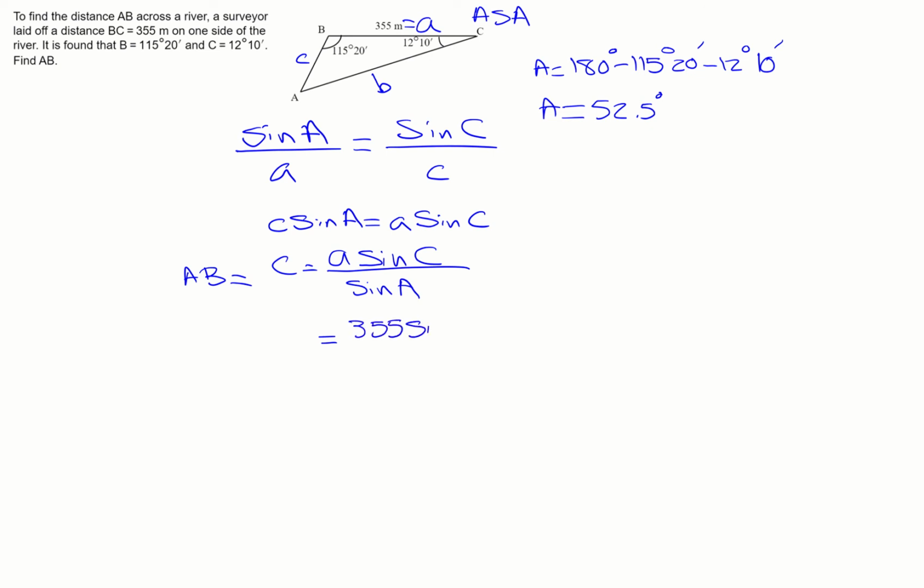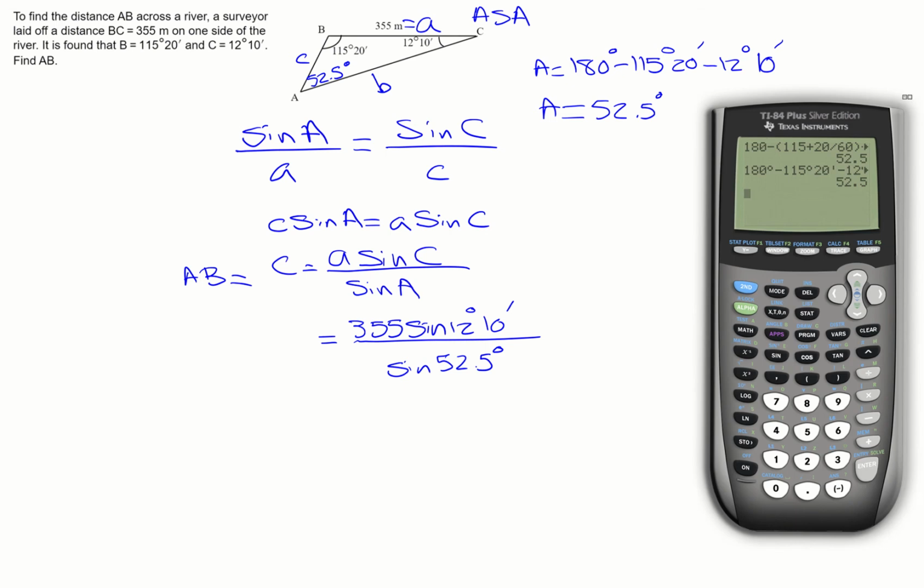So sine of C, which is 12 degrees 10 minutes, divided by sine of A, and let me go ahead and put that in our picture now. We know that A is 52.5 degrees. So sine of 52.5 degrees. So now we have to carefully type all of that into our calculator again.